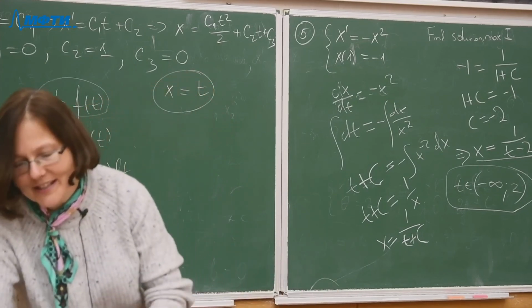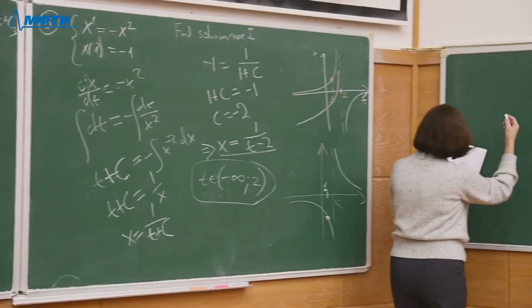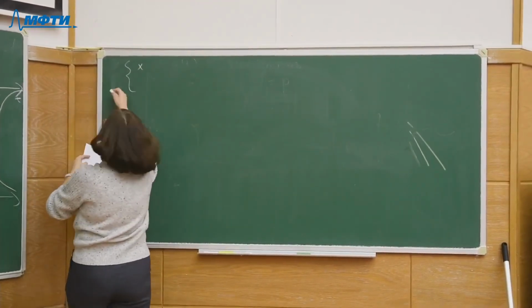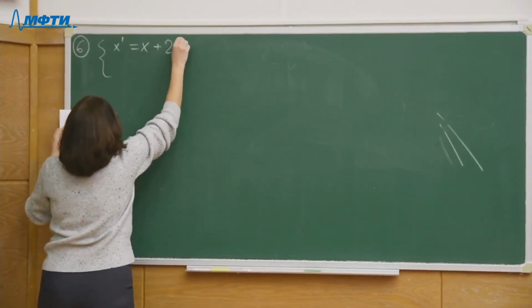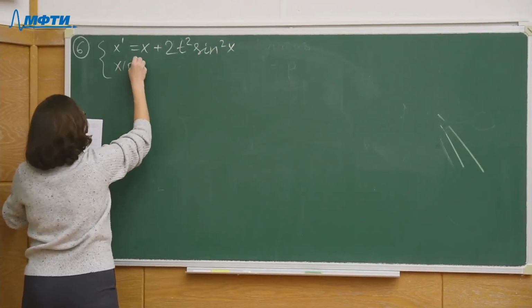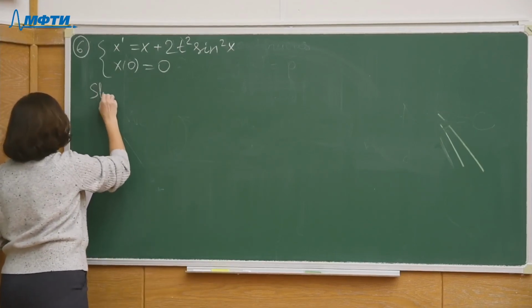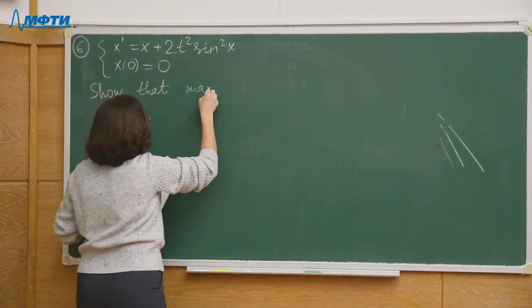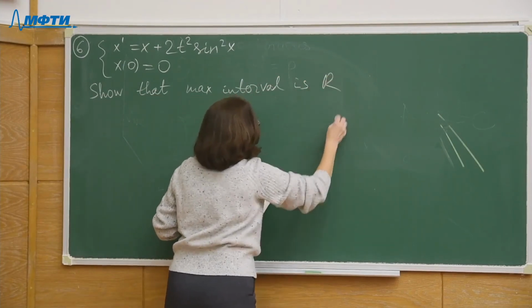The problem, task number 6, is to prove that the maximal interval is the entire real line R for the following initial value problem: x' equals x plus 2t squared sine squared x, x of 0 equals 0.